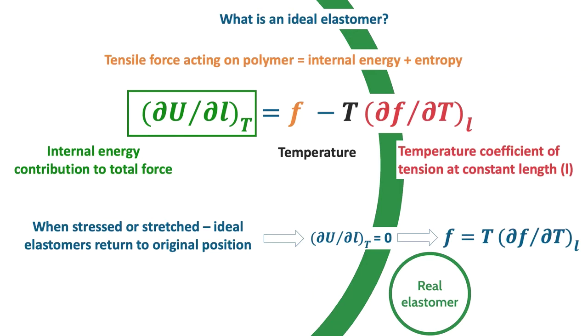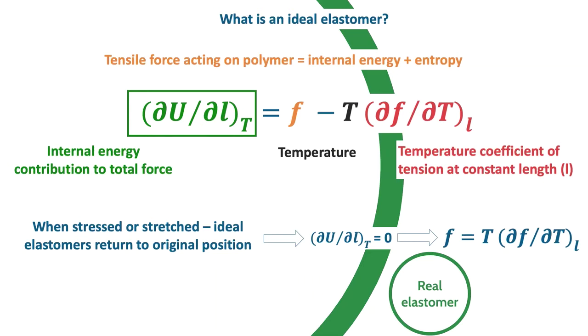If you are interested in finding how this equation is derived, you can refer to page 179 of Rudin's textbook in chapter 4. It shows you how you derive this equation from the first and second law of thermodynamics. For me, I'm more interested in how we can use this equation to help us in finding how an ideal elastomer will behave.